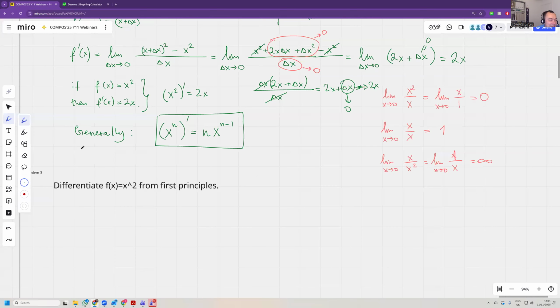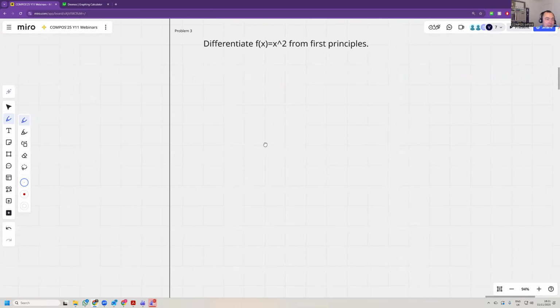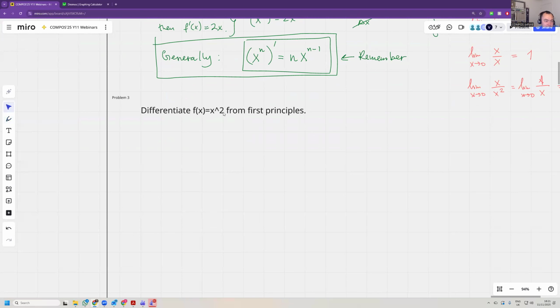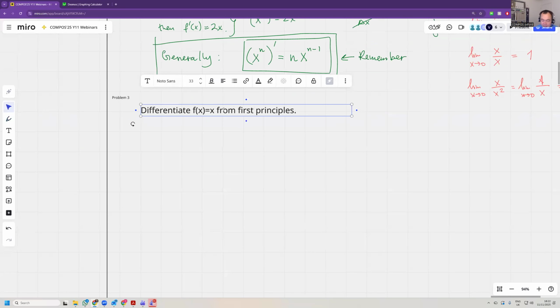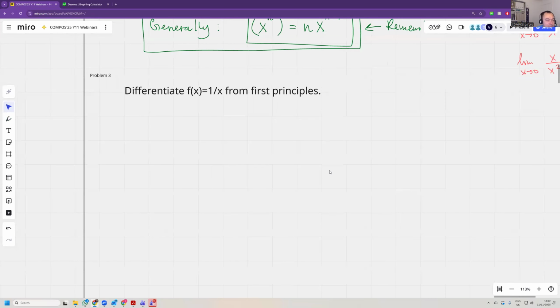Okay. Now, generally speaking, the derivative of x to the power n, and this is the result that you really need to remember. Now, okay, I made a typo here. What I meant to say is 1 over x from the first principles.